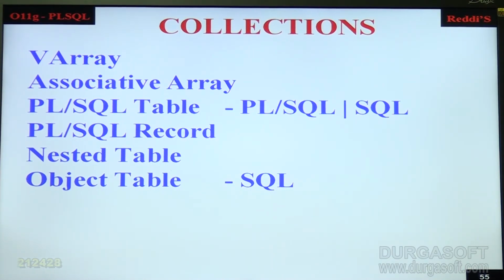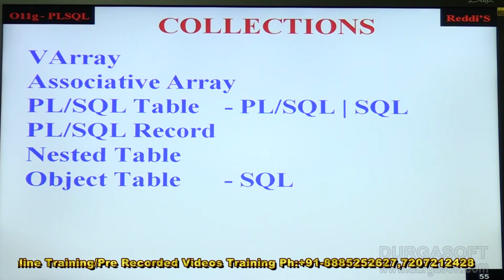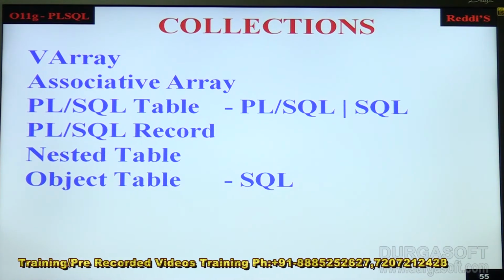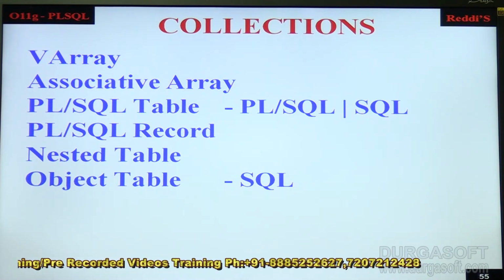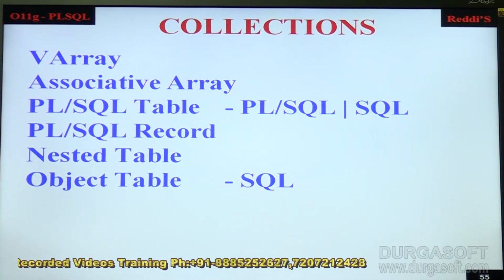That means when we define the collection in PLSQL as VArray, we should specify the data type, which type of data are within this VArray, that is number, character, date, etc. So data type must be specified. Along with that, we also specify the maximum size. So while defining the VArray itself, we need to specify the size.